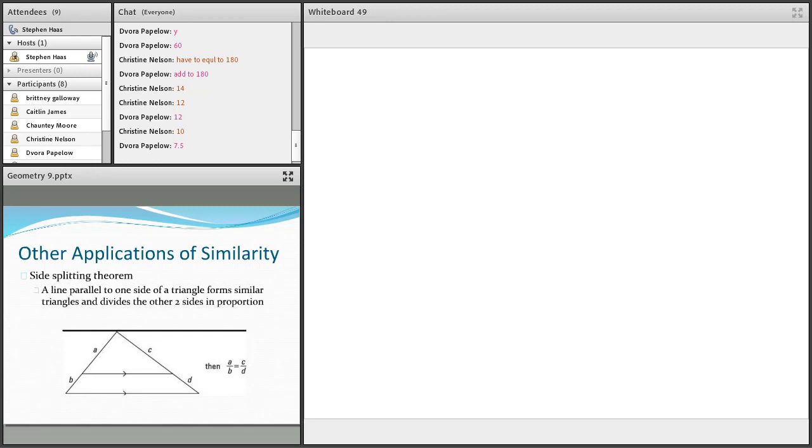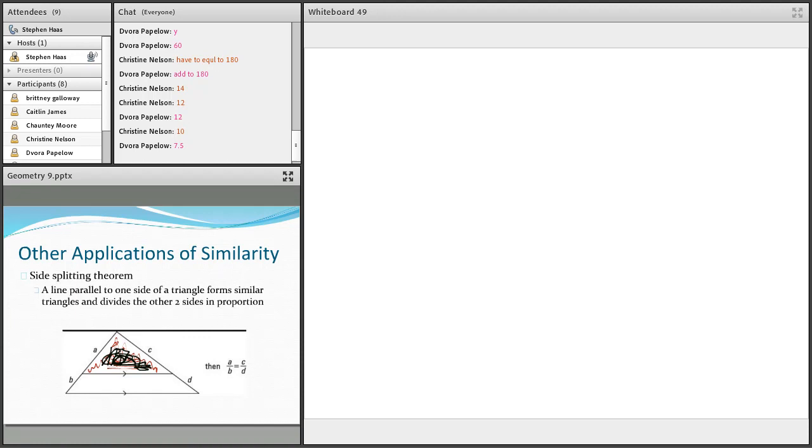The two triangles that you see in this diagram have to be similar. Sorry for my sloppy drawing here. Anyway, this small triangle on top has to be similar to the entire big triangle.